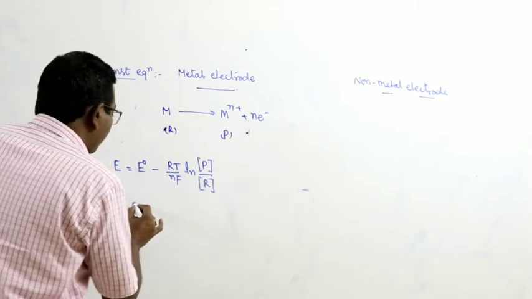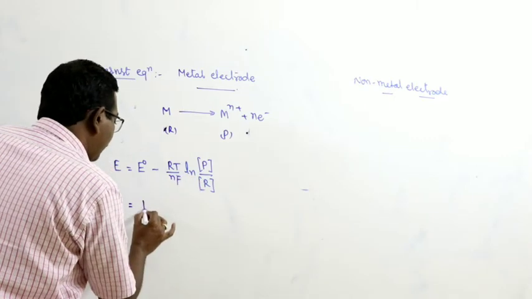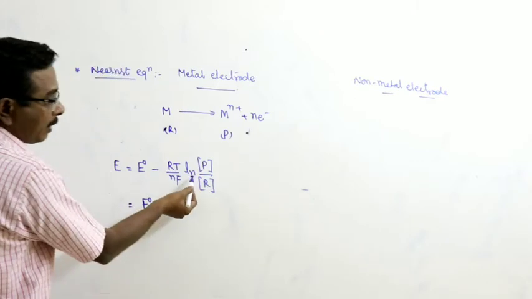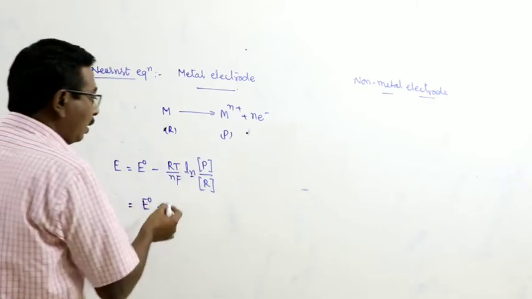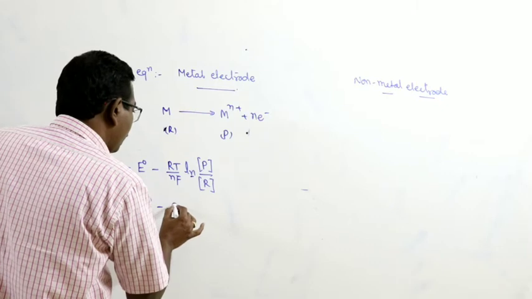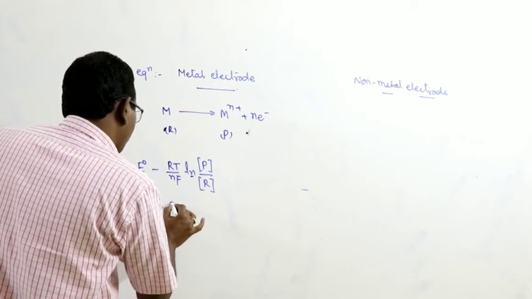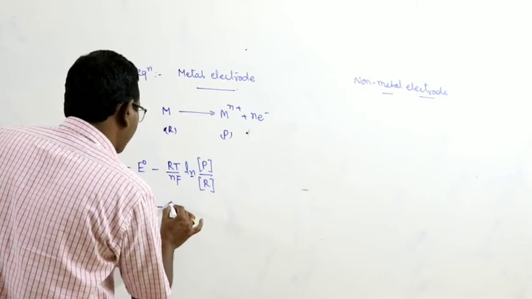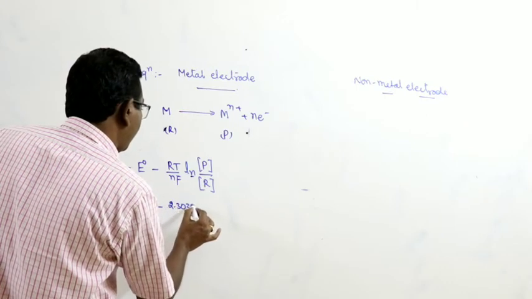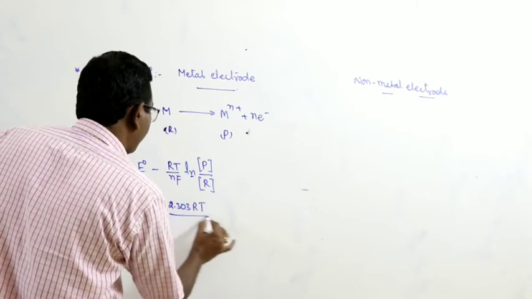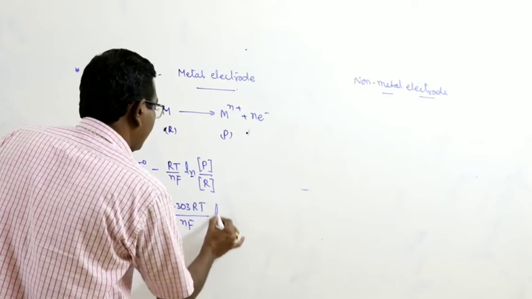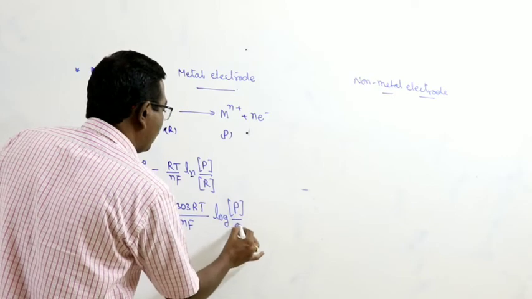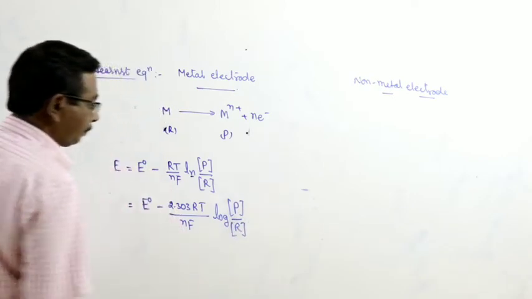Converting ln into logarithmic values, E naught minus 2.303 RT by nF log concentration of product by concentration of reactant.